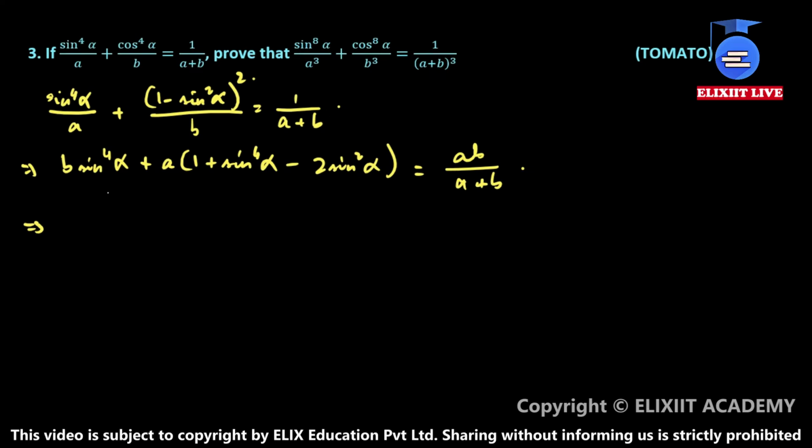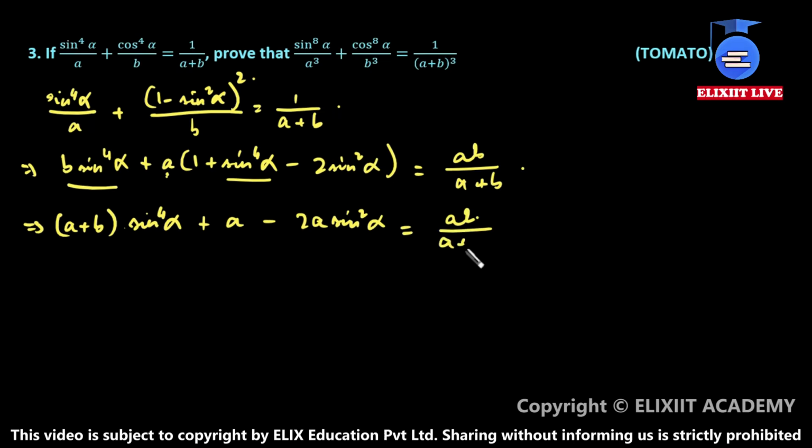Here we have sine to the power 4 alpha, here also we have sine to the power 4 alpha, A times sine to the power 4 alpha. So you can take out sine to the power 4 alpha, make this as A plus B sine to the power 4 alpha plus A minus 2 times A sine square alpha. And right hand side we have AB upon A plus B. This much simplification we can do.